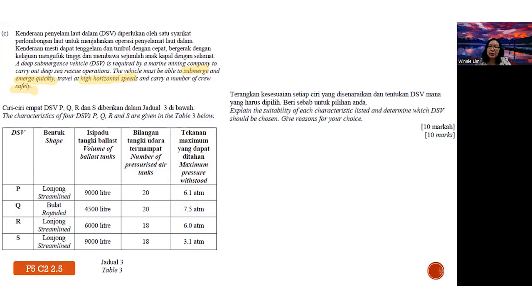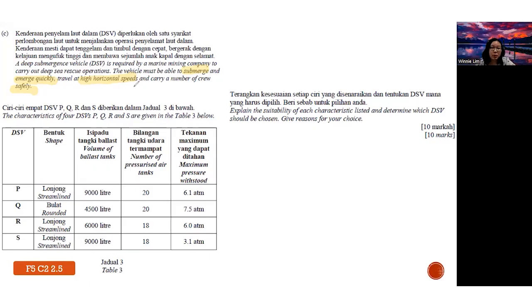Explain the suitability and determine which DSV should be chosen and give the reason for your choice. Okay, so you have four different shapes, and then with different tank volumes and number of pressurized air tanks and also maximum pressure that it can withstand.